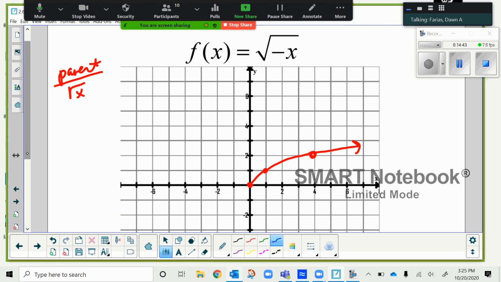If x is negative, your y stays the same. You're just taking the opposite of x. So 0, 0 stays there. 1, 1 becomes -1, 1. 4, 2 becomes -4, 2.